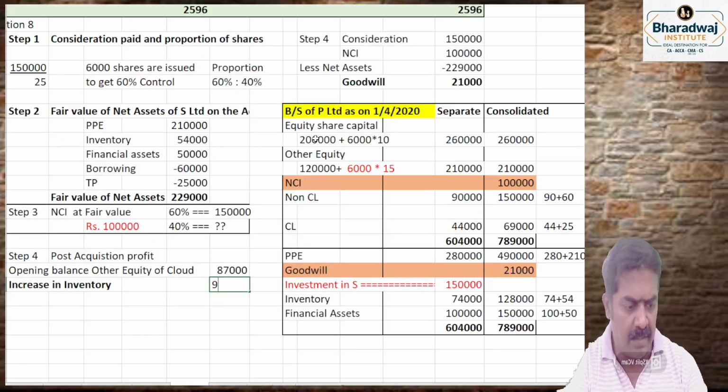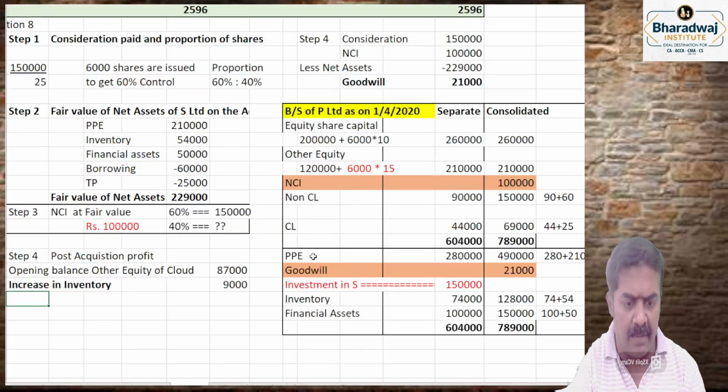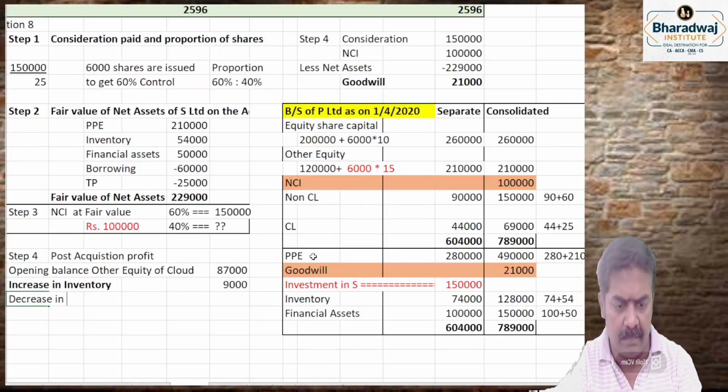How much increased? 9,000. Then decrease in trade payable, how much?